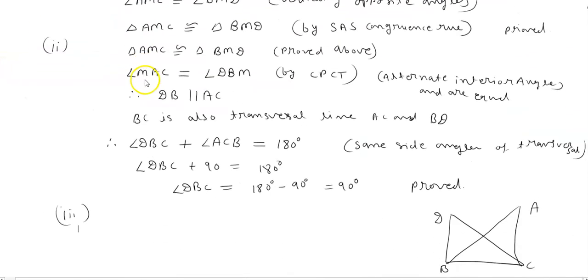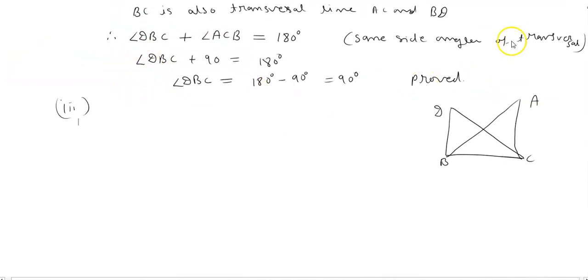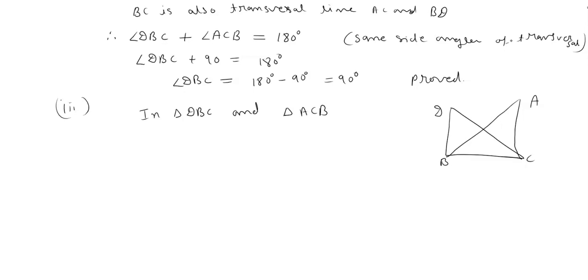So we will take triangle DBC and triangle ACB. What side and angle are equal?